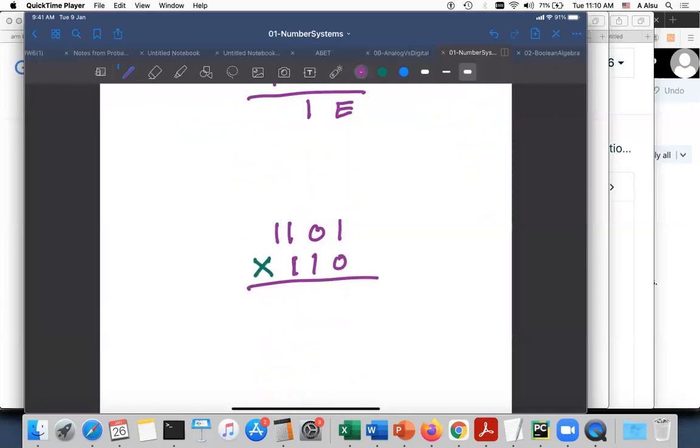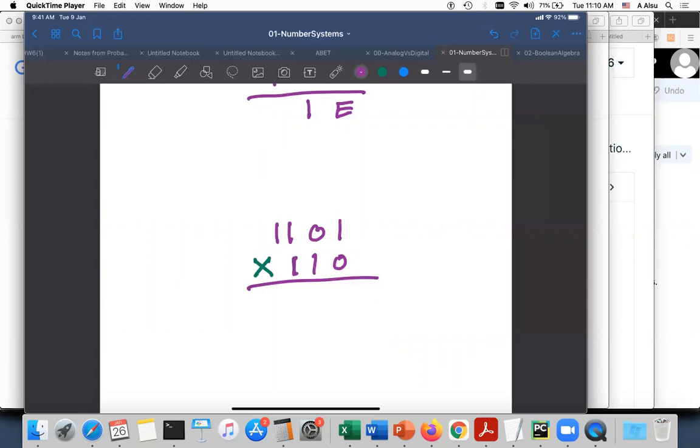Binary multiplication is the easiest thing that you can think of. Because if you multiply binary numbers, we do the same as we do in decimal. However, you will only be multiplying by a 0, which results in a 0, or a 1, which results in the same number.